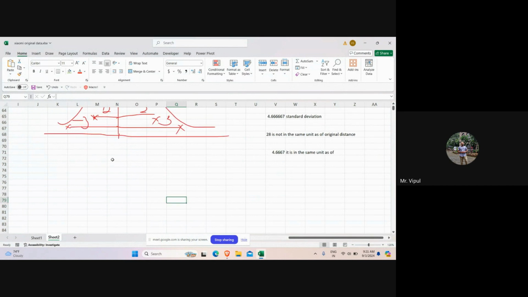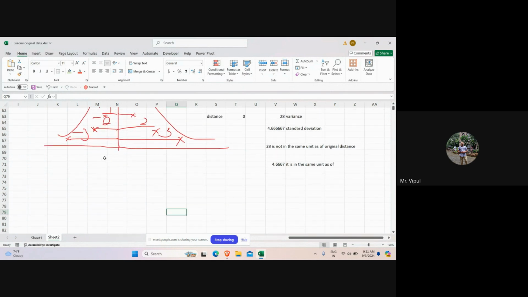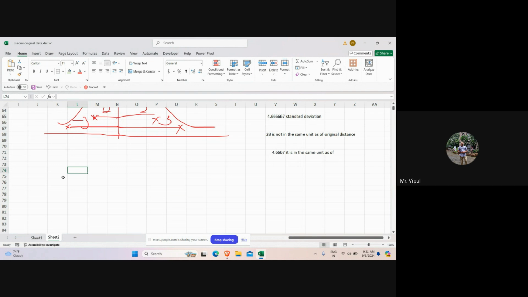All right. So now next is your kurtosis and standard deviation. Kurtosis and standard deviation. Sorry, skewness. Now see, what is kurtosis? There are 3 types of kurtosis.